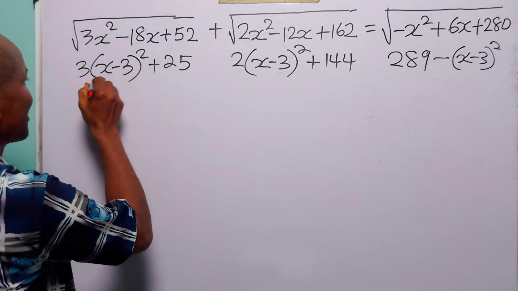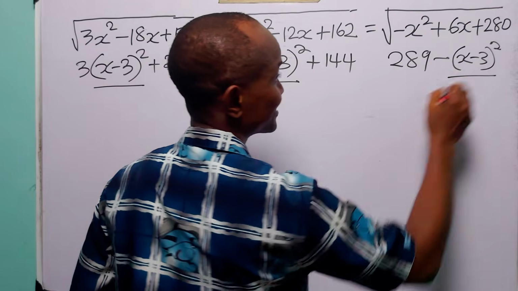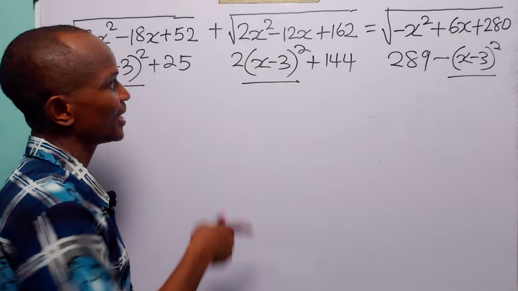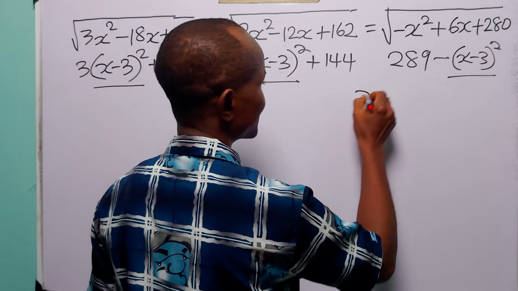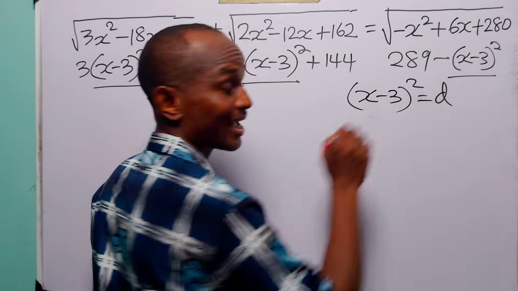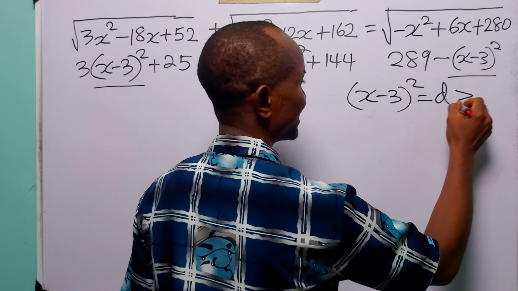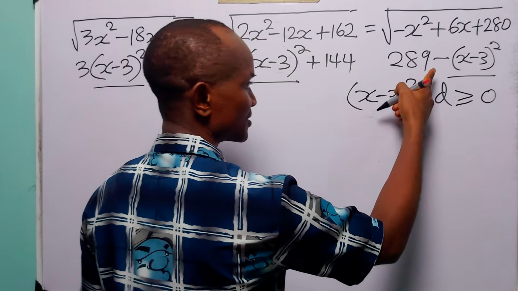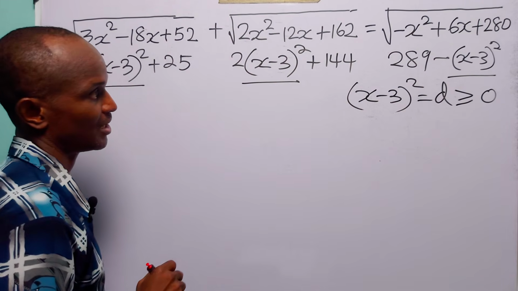Now, notice that we have x minus 3 squared in all three. So, let us simplify this equation with a substitution. Let x minus 3 squared be equal to the letter d. And of course, you know that d must be greater than or equal to 0 because the square of a real number cannot be negative.